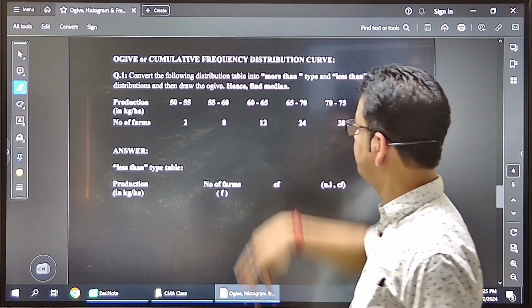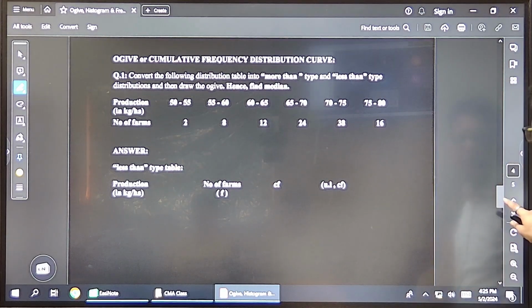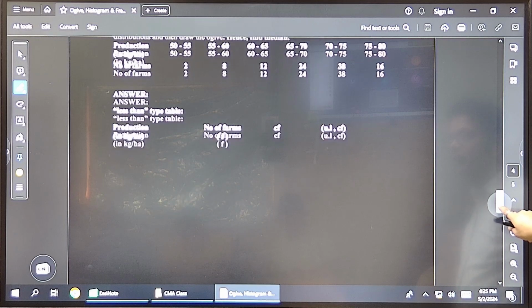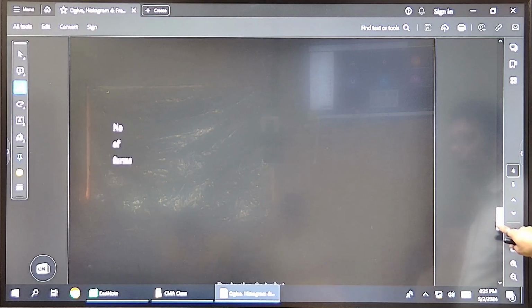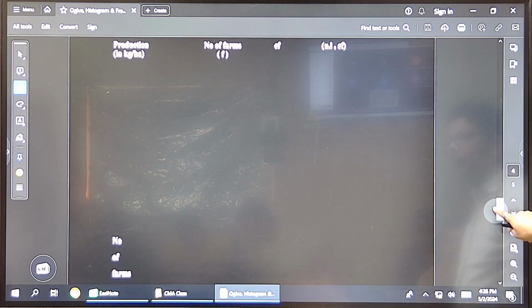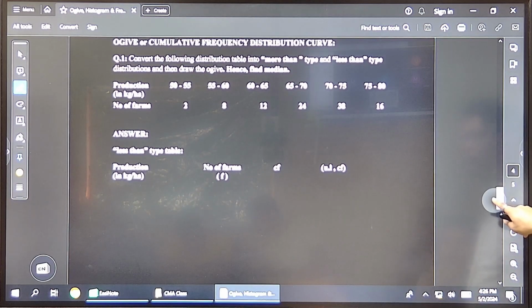It is called cumulative frequency distribution, where we first find the cumulative frequency. And then, after finding the cumulative frequency, we plot them on the graph, and this graphical representation is called OGIVE.